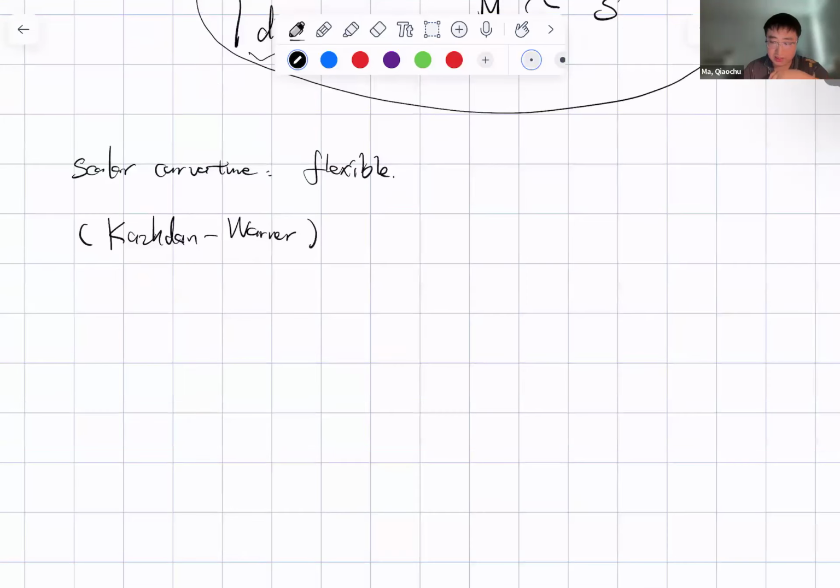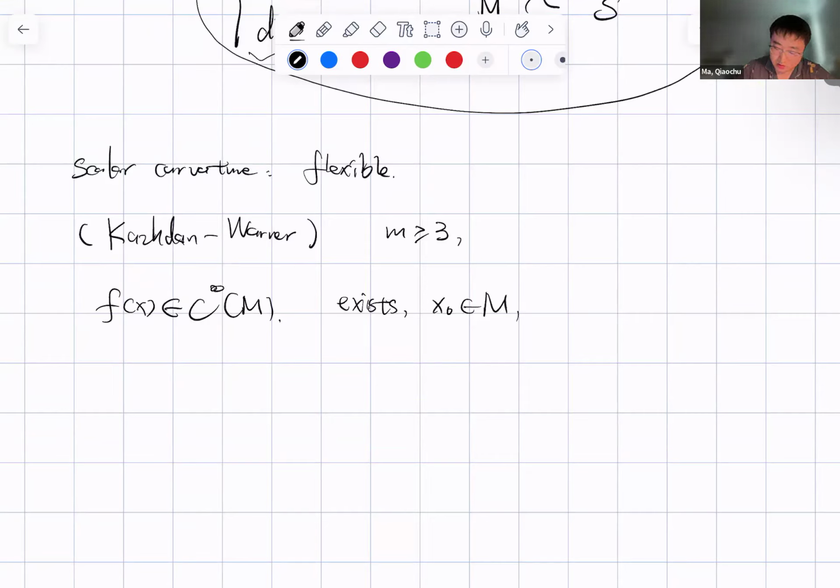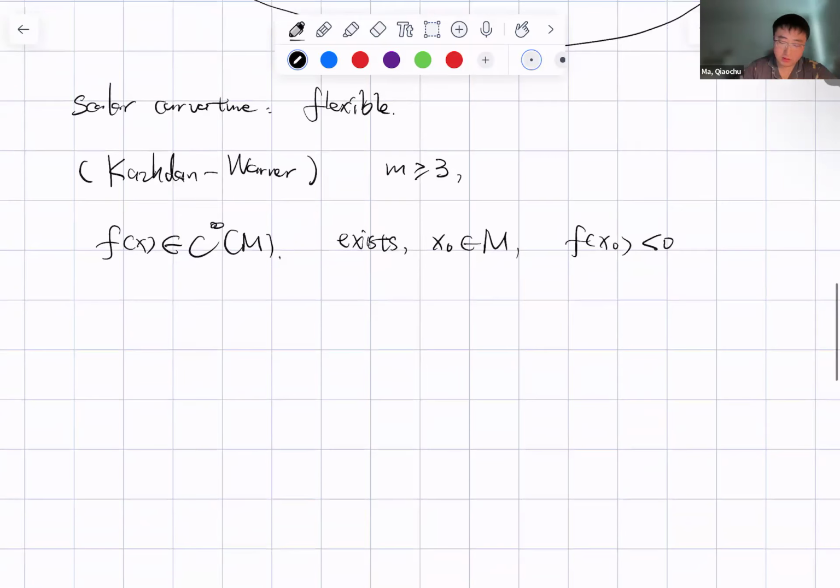The theorem asserts that for a manifold with dimension at least 3, and any smooth function f(x) on this manifold, suppose that there exists a point where the function is negative, then there exists a Riemannian metric such that the scalar curvature is just this function.